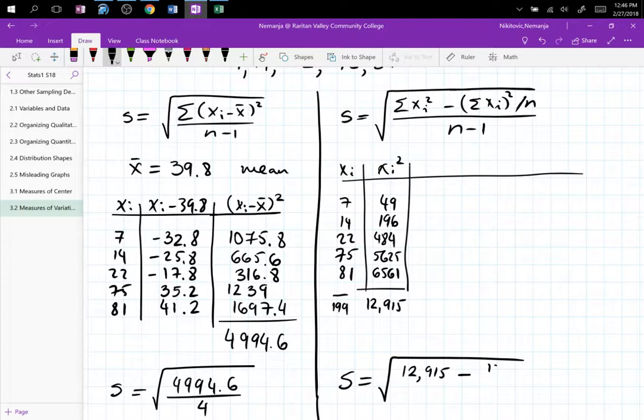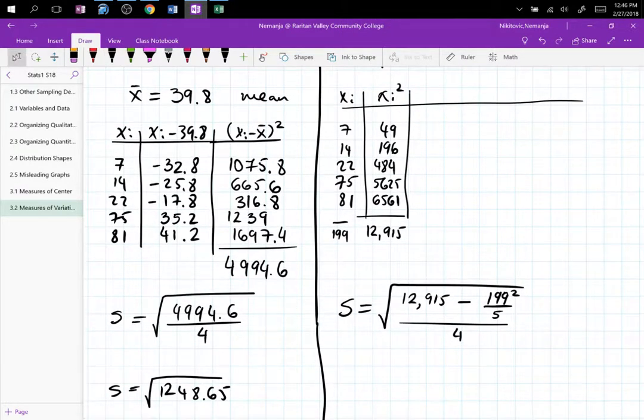So this is 199 squared divided by n, which is 5, and then everything divided by 4. So that's a little bit convoluted, but such is life.